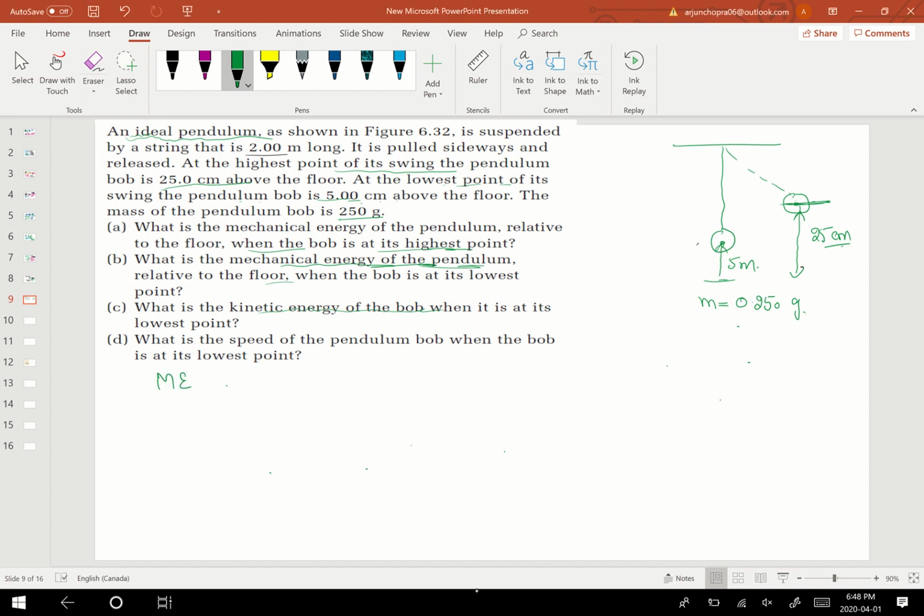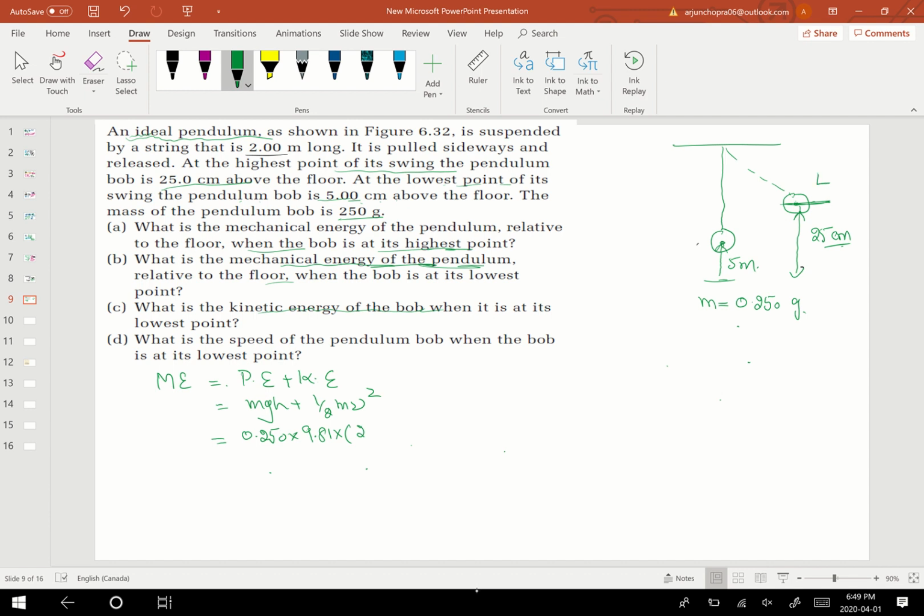So mechanical energy is equal to potential plus kinetic energy. That's what we've said. And potential energy is mgh. So mgh plus half mv squared is equal to mass 0.250 times 9.81 times height, which is 25 centimeters.